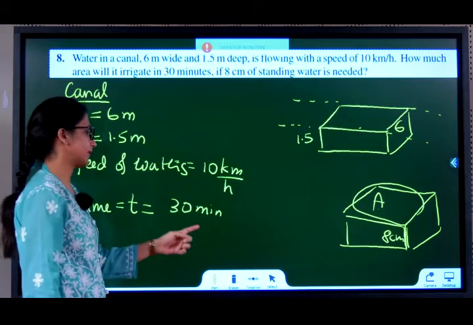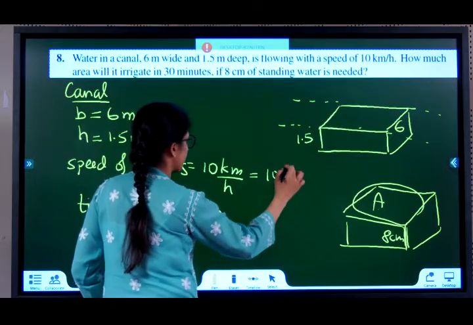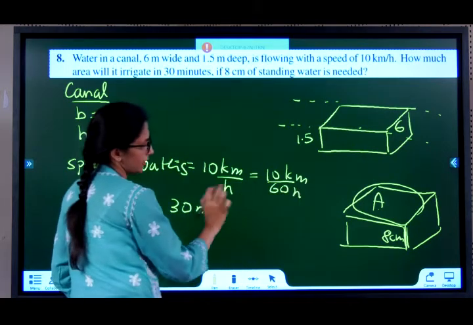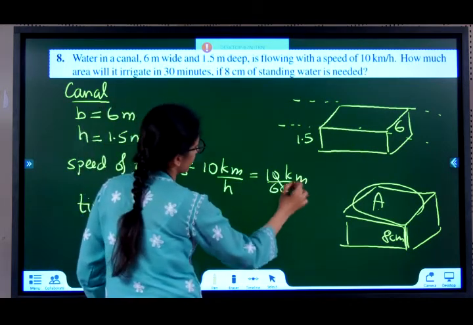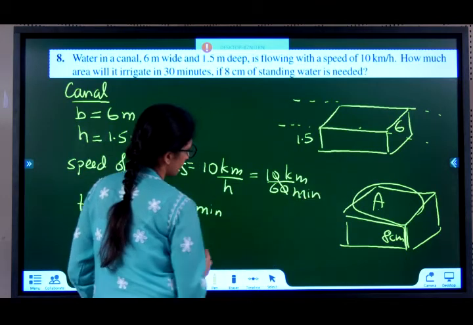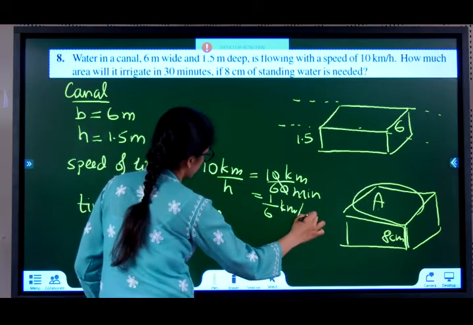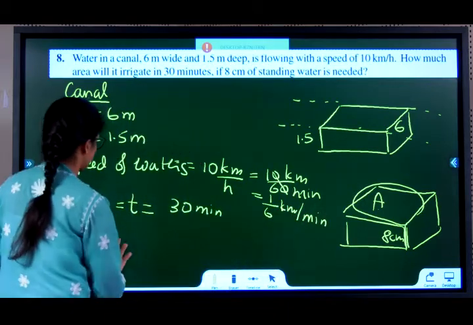This is hour, this is minutes, so I'll convert this to minutes. 10 kilometer, 1 hour is 60 minutes. 0, 0 cancel. So 1 by 6 kilometer per minute. This is 30 minutes.